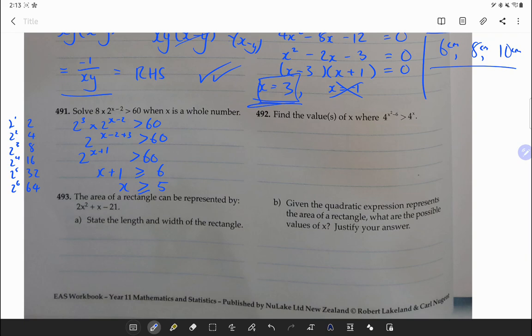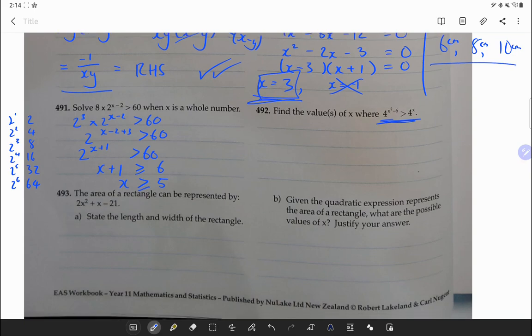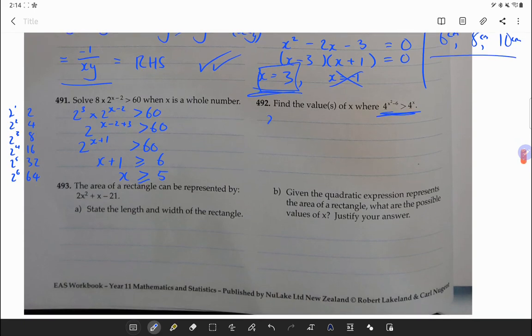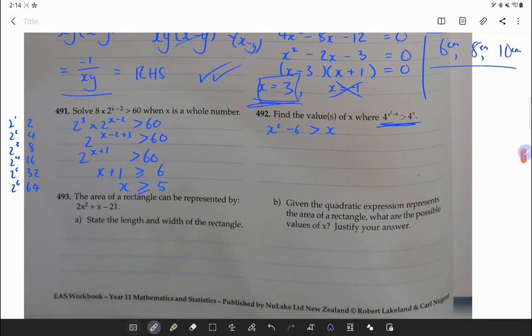Okay, cool. Lucky for us, it's already in the base of 4, both sides. It makes it quite easy for us. The nature of these numbers with exponents, we know that for this to be true, this has to be true, right?